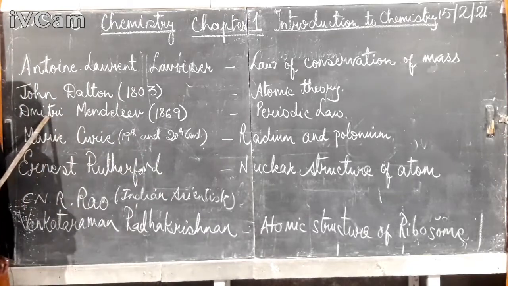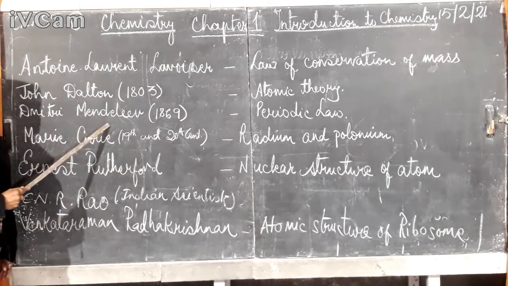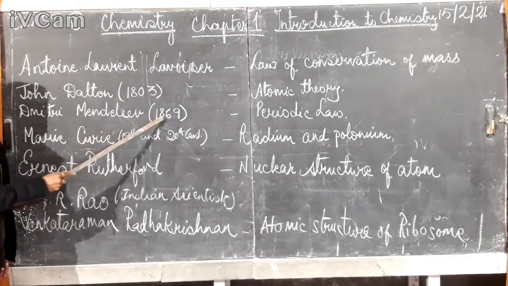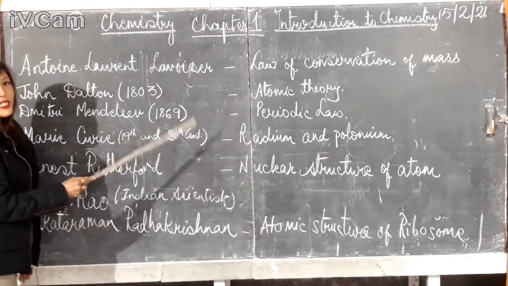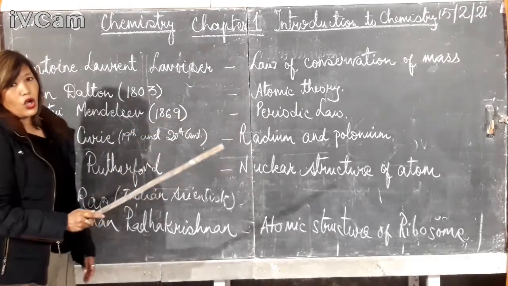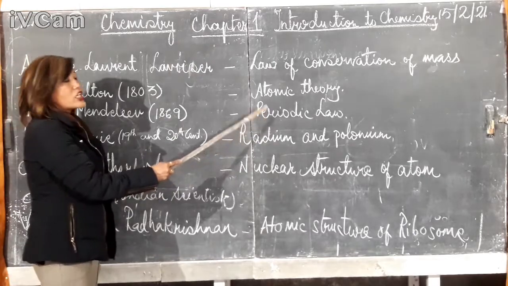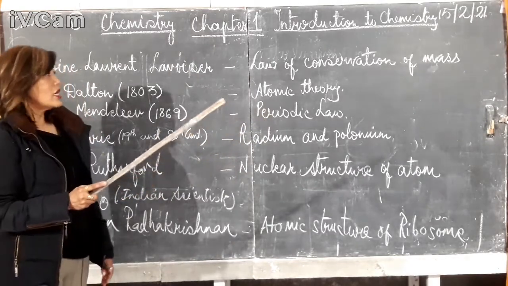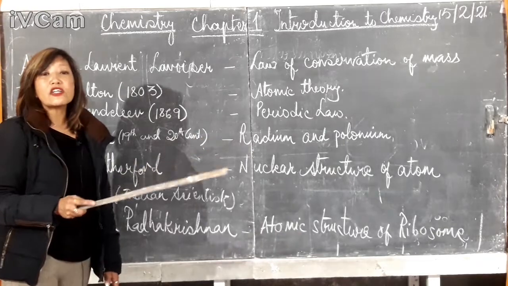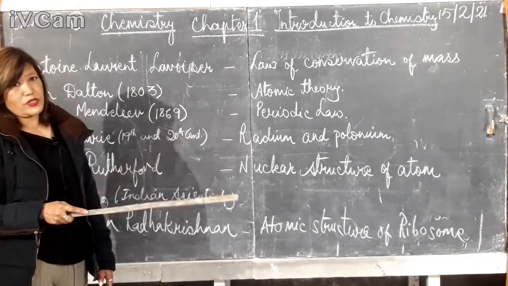Then the next one, Dimitri Mendeleev, in 1869 formulated the periodic law. According to this periodic law, all the elements are arranged according to increasing atomic number.